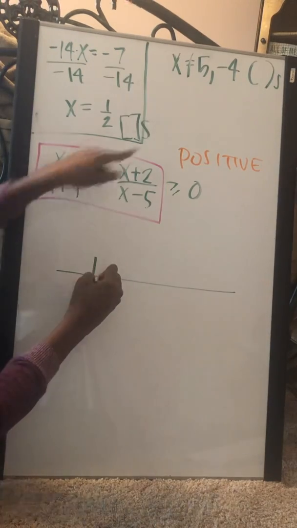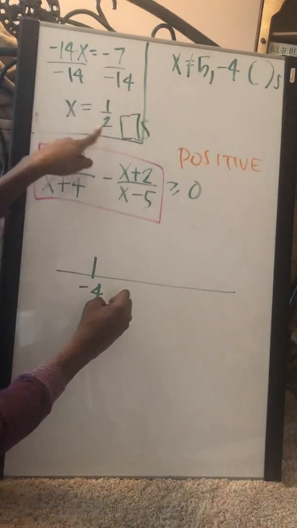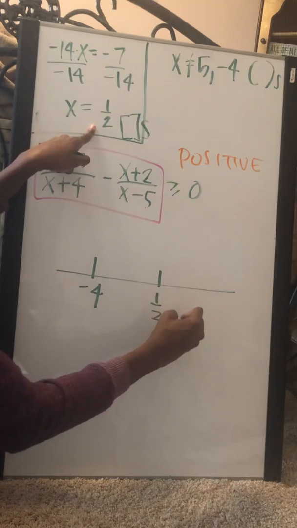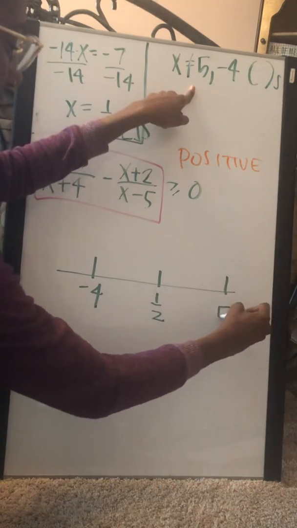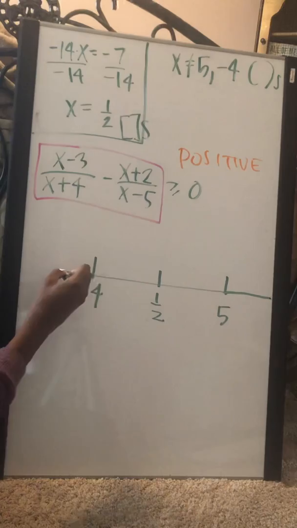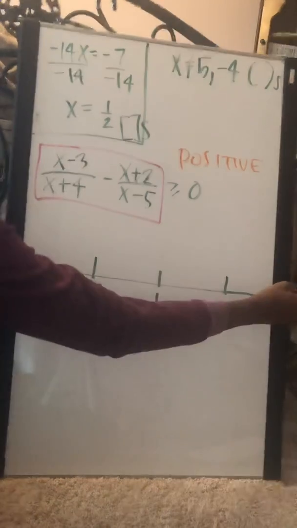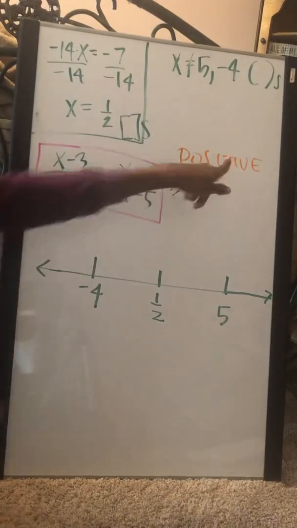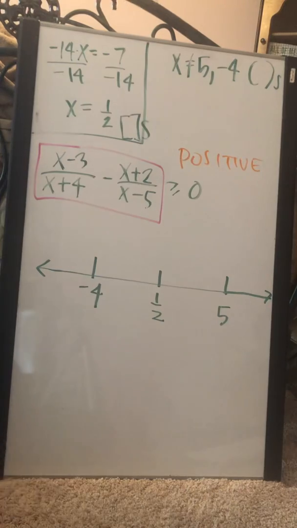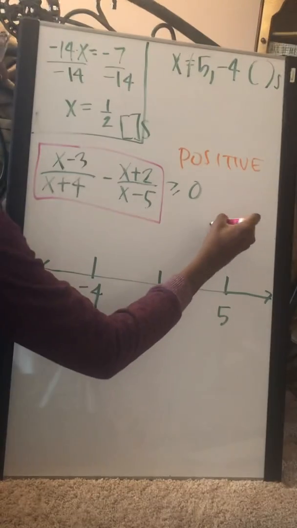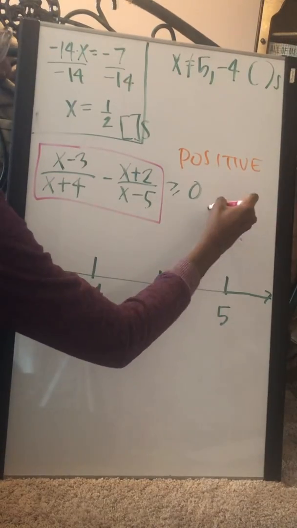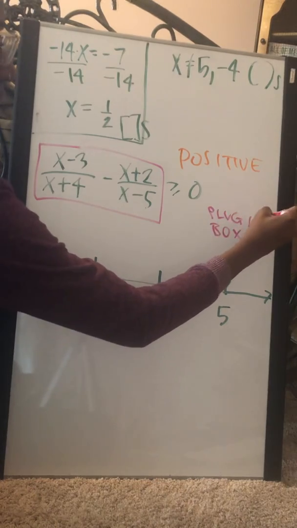We have negative 4, we have a half, and we have 5. So we need to check between each of these intervals and then only take the positive ones, okay? And we are going to plug them into the box.